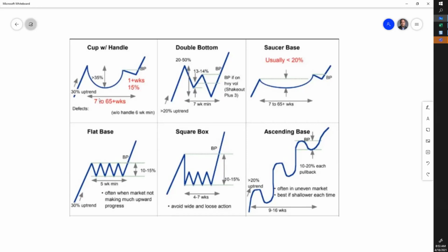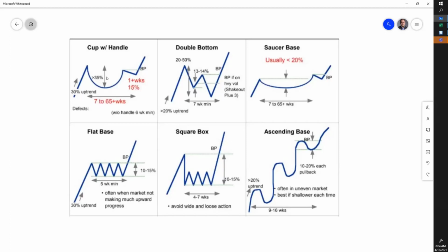And that once nagkaroon na ng turn or nagkaroon ka na ng established low on a cup, then you start looking for yung handle structure depending on how much magkakaroon ng retracement versus yung previous high na to. So kung makita mo kasi dyan, nag-base na siya dito, nag-pivot na, nakita mo na nag-turn na yung momentum from downtrend, nagiging uptrend na siya, nagkakaroon ng reversal, nagkakaroon ka ng range dyan.